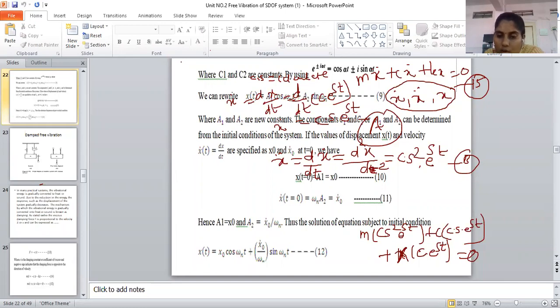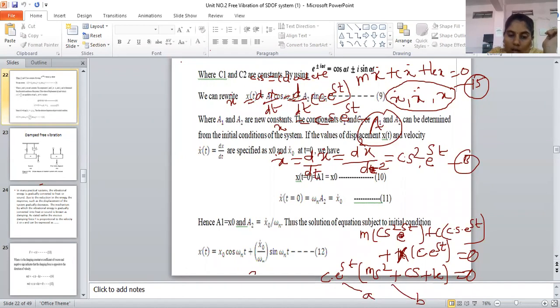Now you can take the common terms outside, that is c into e raised to st. Then what is remaining? The first term ms square plus cs is remaining, and plus k, that is equal to 0. This is the a term and this is the b term.